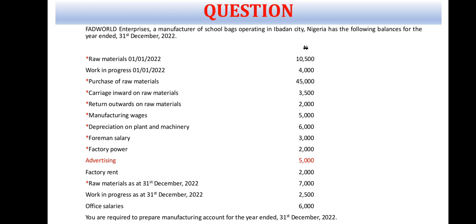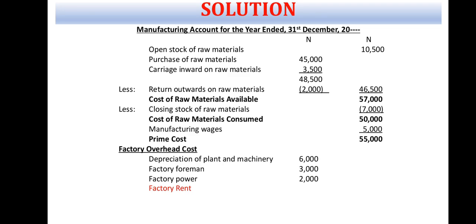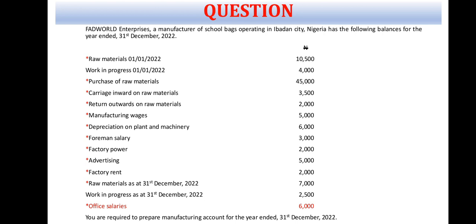So then after advertisement, we have factory rent. So factory rent is an indirect expense that falls under the factory expenses, which is 5,000 naira. Then the next item, so we have work in progress. That's what you have. So then after work in progress, we have office salaries.